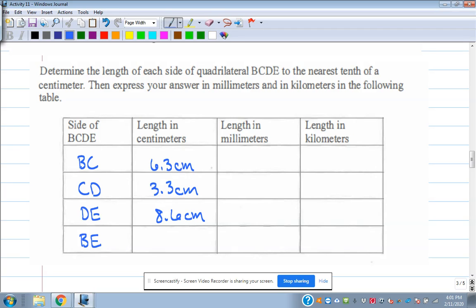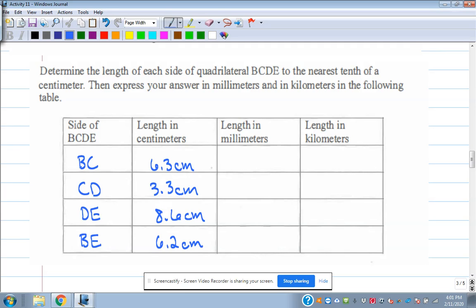And then B to E. Center of dot, center of dot. I got 4 point, no, excuse me, 6.2. 6.2.